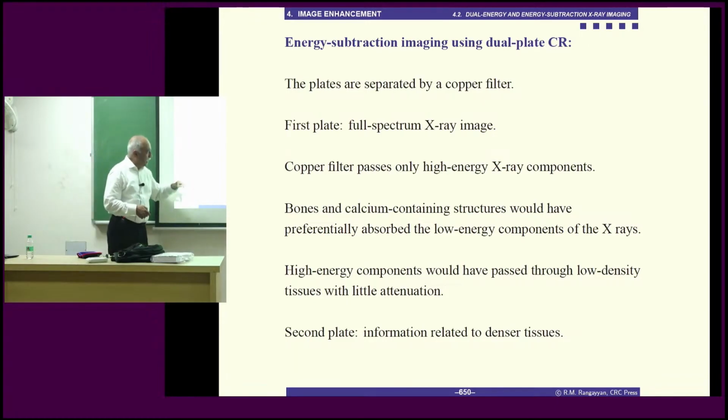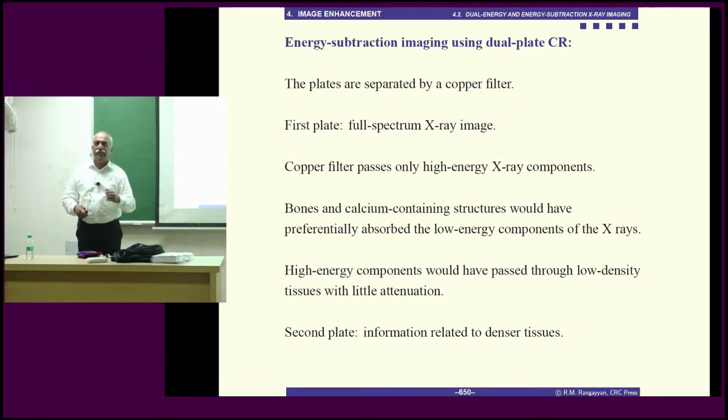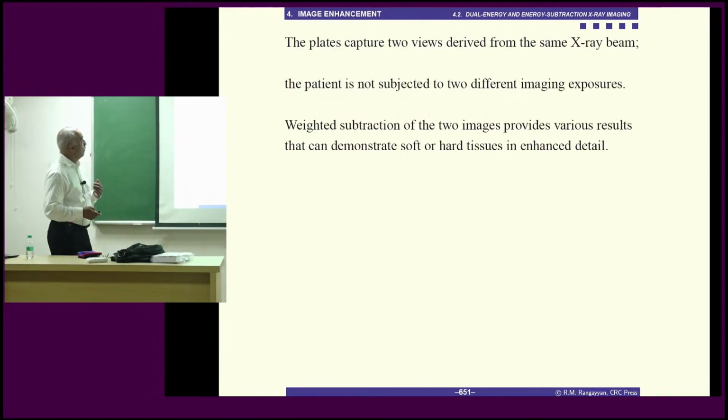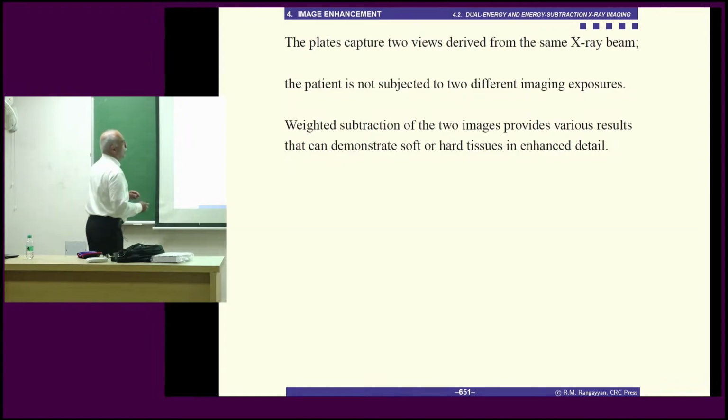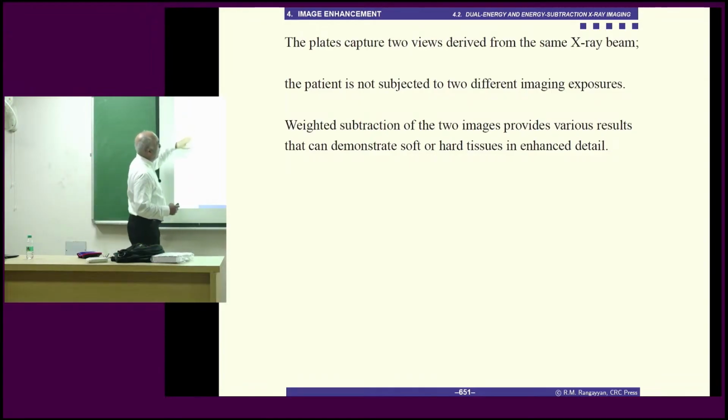So the second plate has information related to dense tissues and bone. So the two plates capture two different views from the same X-ray beam, one exposure. The patient is not subjected to two or multiple exposures. There is no need to worry about motion artifacts. Weighted subtraction of the two images provides various results.